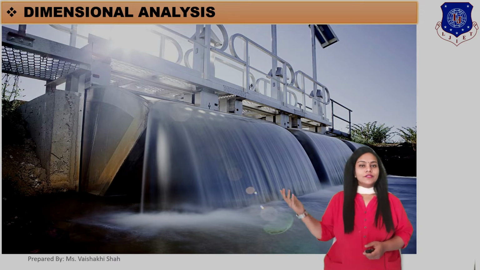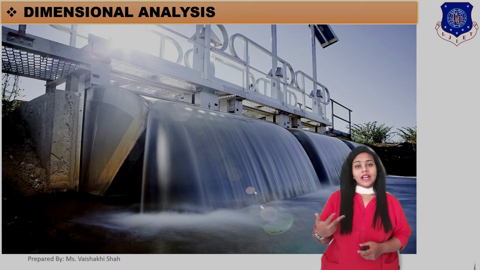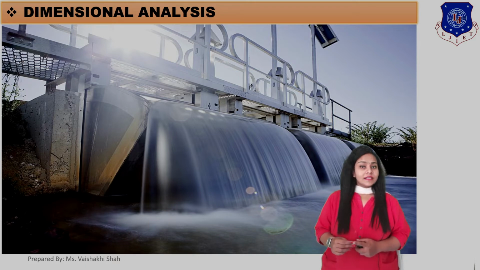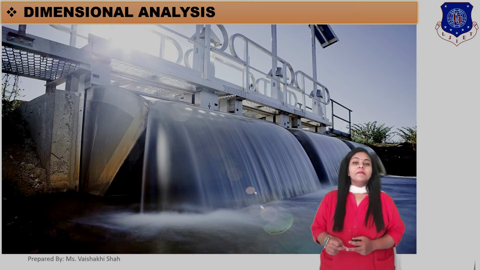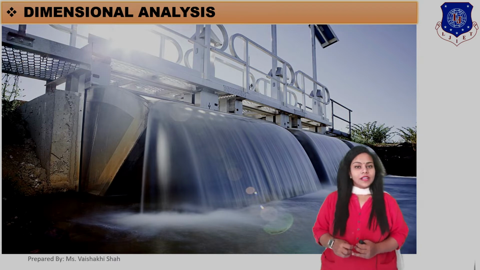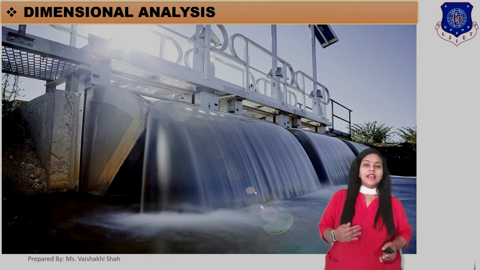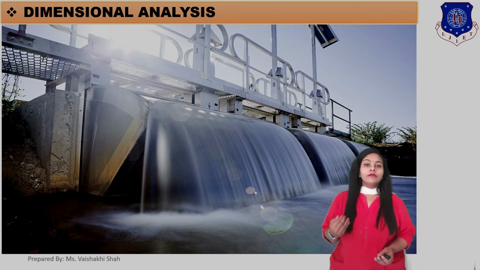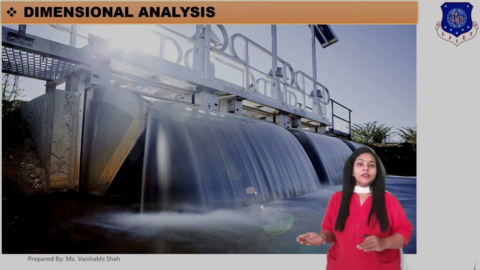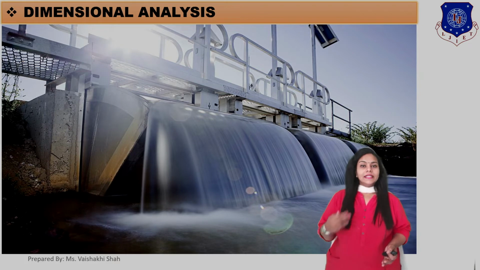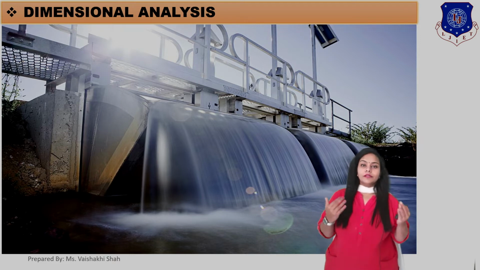We started this chapter in our last two sessions. In the last lecture we discussed the Rayleigh method for dimensional analysis. First of all, what is dimensional analysis? Dimensional analysis is a method by which you can convert one unit into another unit, and there are mainly two methods for it.